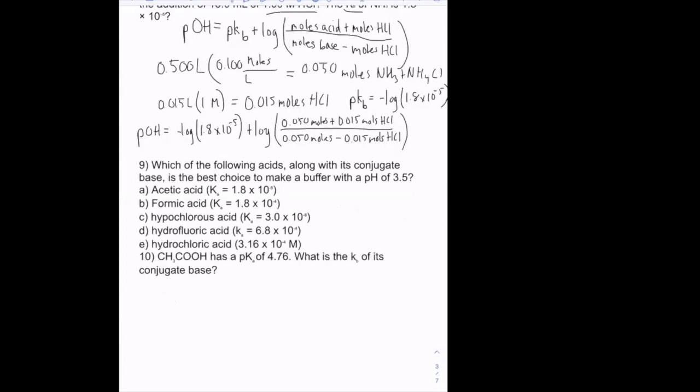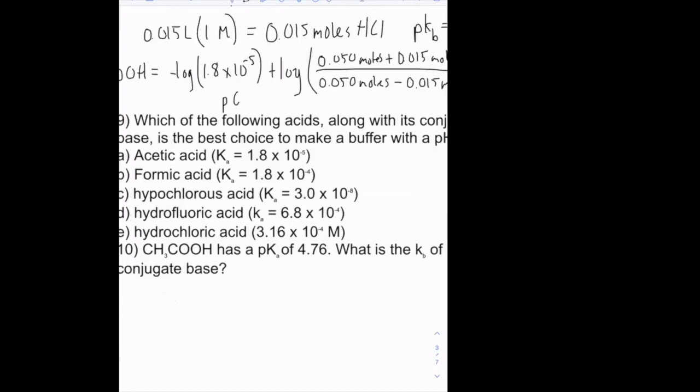And then when you plug this into your calculator, you should get that the pOH is going to equal 5.014.